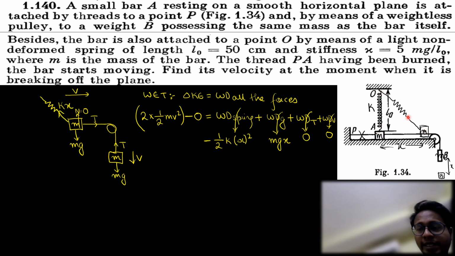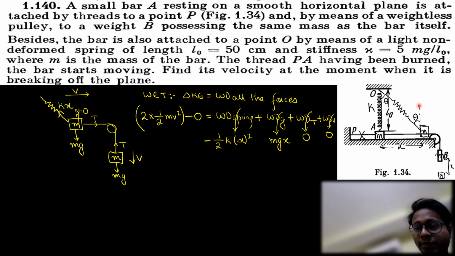If this is angle theta, then by parallel lines this angle is also theta. Or you can simply apply the logic: this would be 90 minus theta, so this would be theta. Doesn't matter which logic you apply. If this angle is theta, this angle is theta.